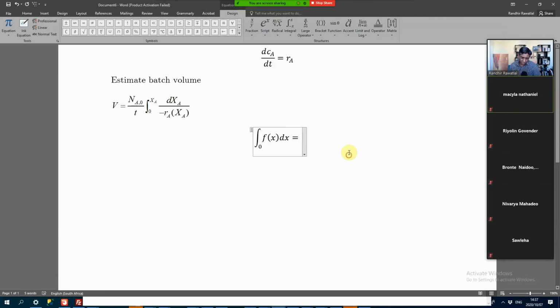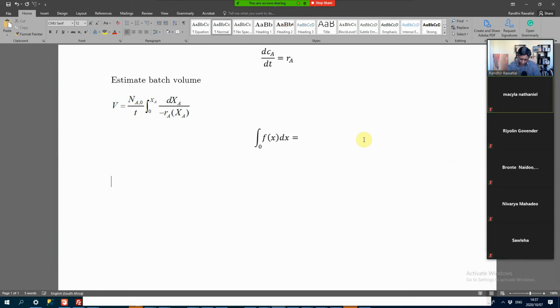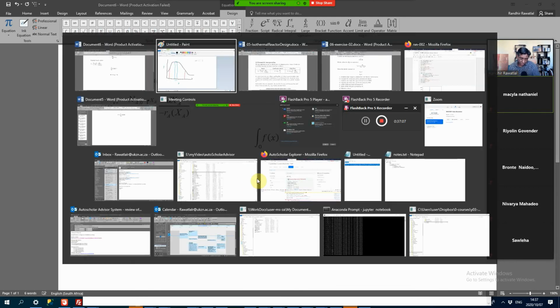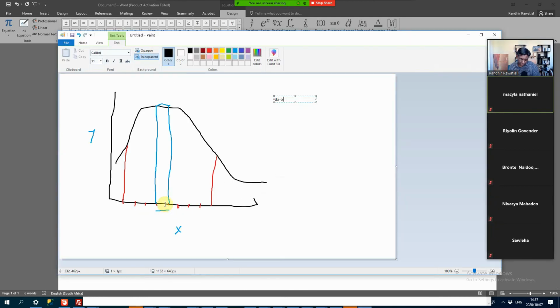So I'm just going to write it here: delta x equals x sub i plus 1 minus x sub i. Right, so that delta x is basically that distance.